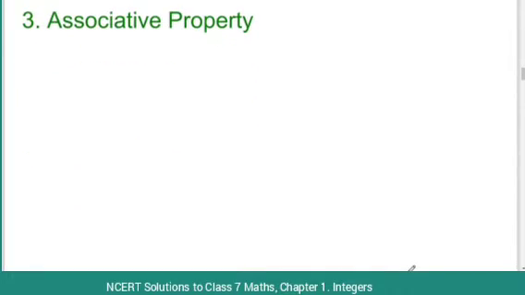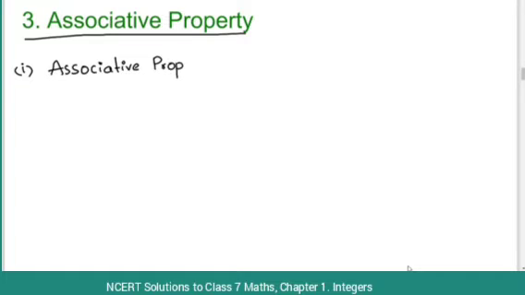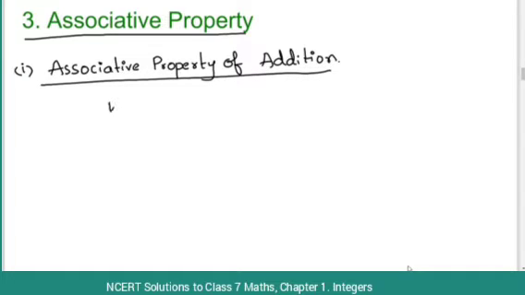Third is the associative property. In the associative property, we will be seeing two kinds of properties: associative property of addition and associative property of multiplication. In the associative property of addition, when we add more than two integers, if the grouping is changed, the answer remains same.